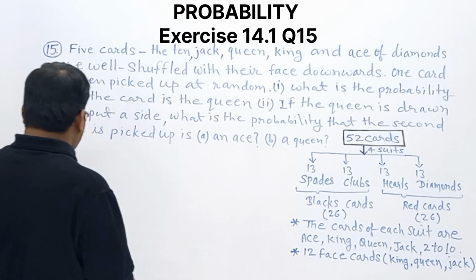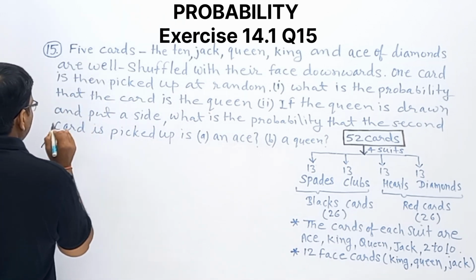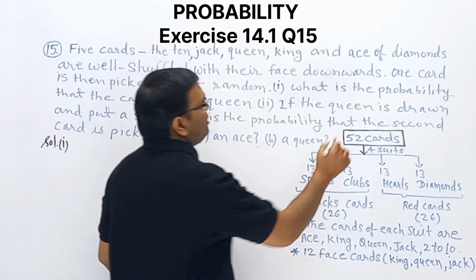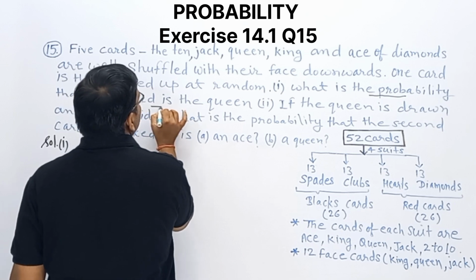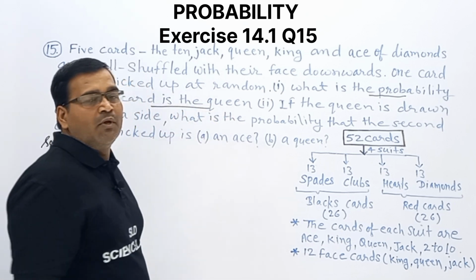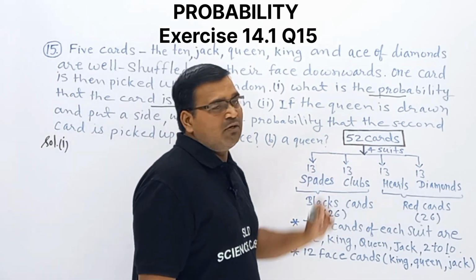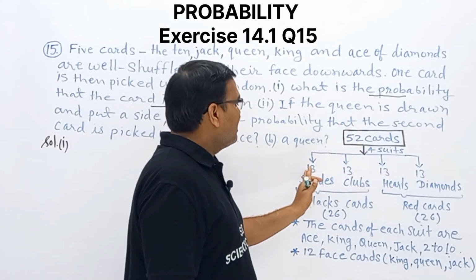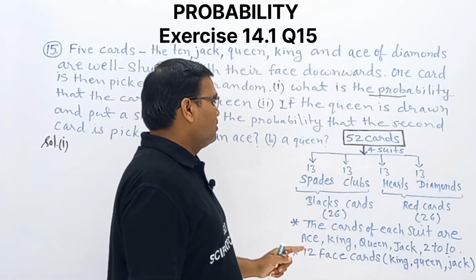First question. What about the solution of the first one? Observe. I am taking the first one: the probability that the card is the Queen. We are having 52 cards in total, and these cards are divided into 4 suits, 13 in each suit.